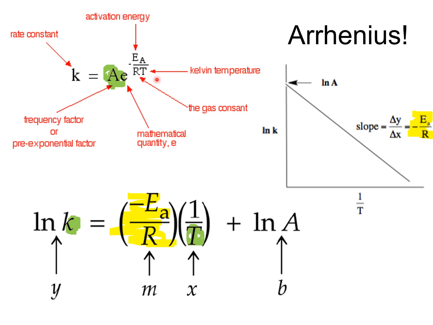So the only thing you can really change here is temperature. The rest, the activation energy, is what it is, unless you use a catalyst. R is a constant, so really there isn't much suspense. If you're increasing T, K is getting bigger.